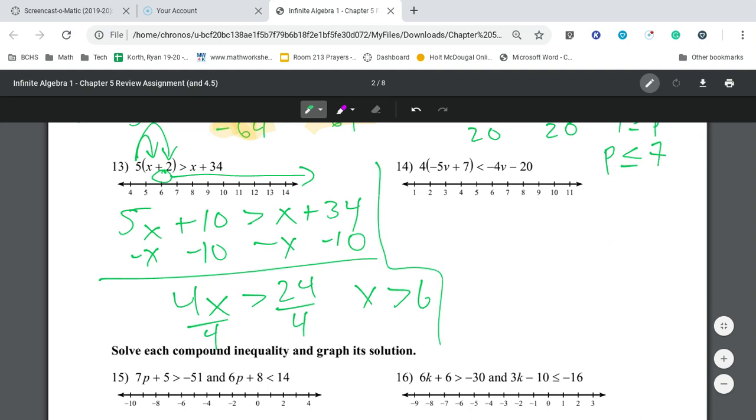Okay. Distribute. Negative 20v plus 28 less than negative 4v minus 20. So we're going to add 4v to both sides.